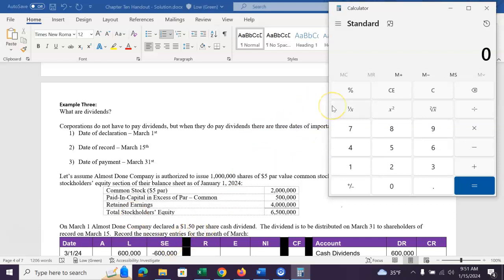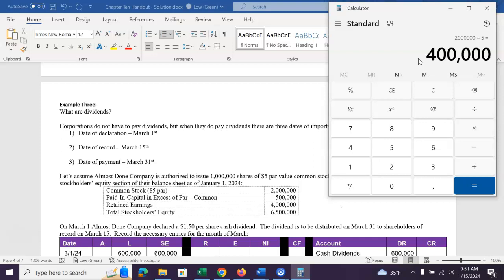Now let's look one more time at how we got that 400,000. I just cleared it out of here, but it was the $2 million balance divided by $5 par. That tells us that 400,000 shares of their stock have been issued, and they're also outstanding.